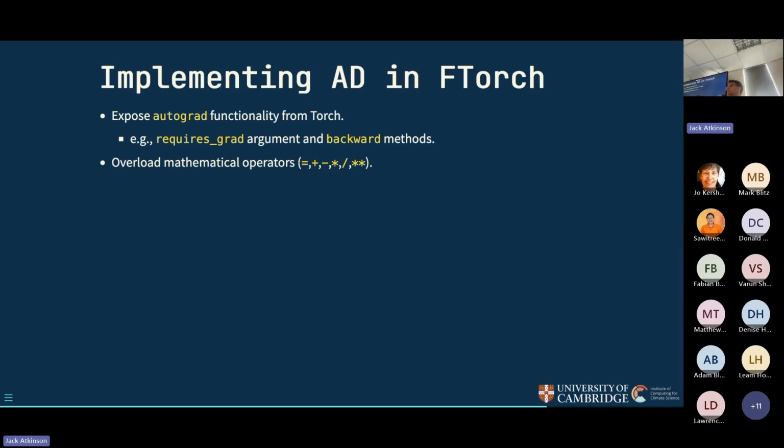Because we want people to be able to do this without worrying too much about adapting or writing something other than native-looking Fortran, we have to overload all of our mathematical operators. Rather than multiplication just being multiplication, we need to add into Fortran something that says, here's what you do if you have multiplication for two torch tensors.